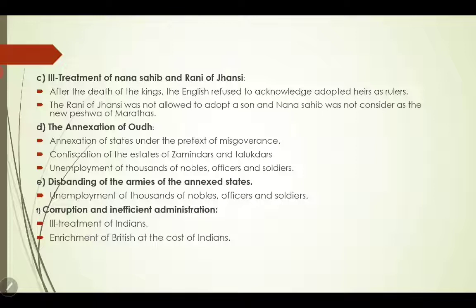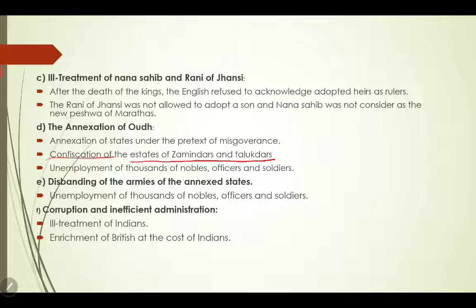Now, the annexation of Oudh. The annexation of Oudh, disbanding of the armies, and corruption and insufficient administration come under one itself. Because of annexation of Oudh and many small states like this, what happened? They confiscated the estates of zamindars and talukdars.